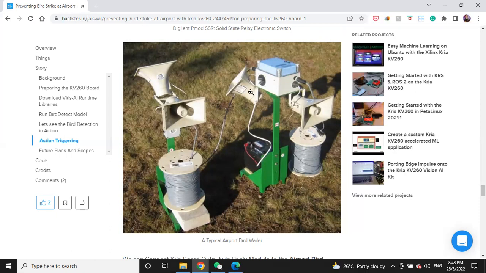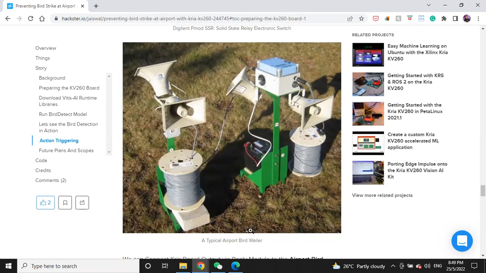Okay, and then you actually use this trigger to make it more automatic instead of just triggering these bird repellers. These are passive, like there's a timer. You can set it for 5 minutes, 10 minutes, 15 minutes. It will automatically blow the siren or distress sound at 5 or 10 minute intervals.